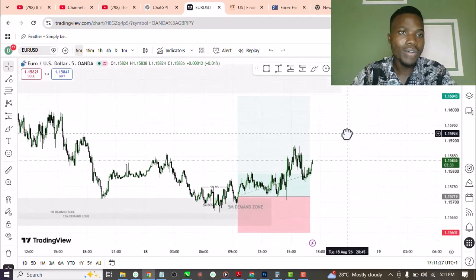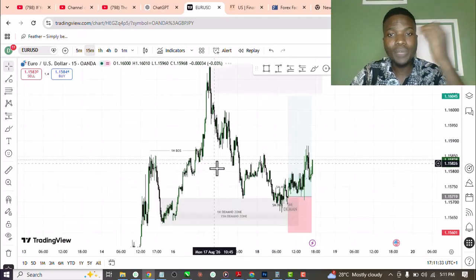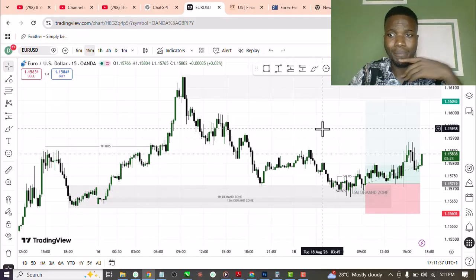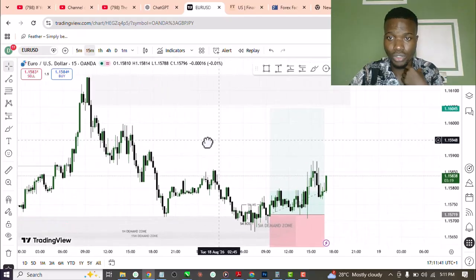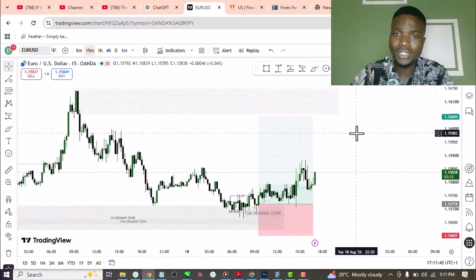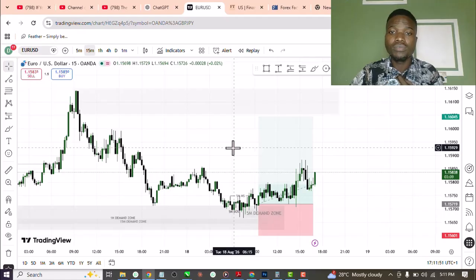I'm going to make sure to follow this trade very well, because based on what I explained on this trade, I might be looking for a sell opportunity if it actually shows up. But before then, I know that this trade is going to run to my TP.